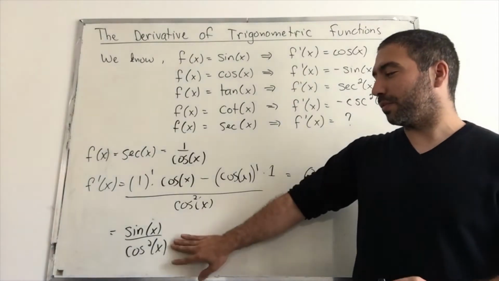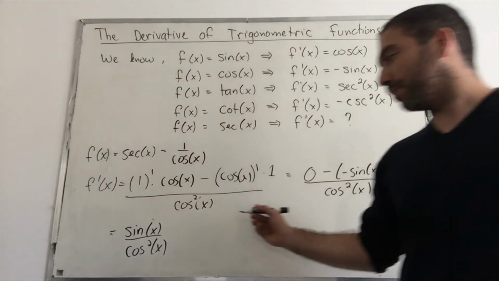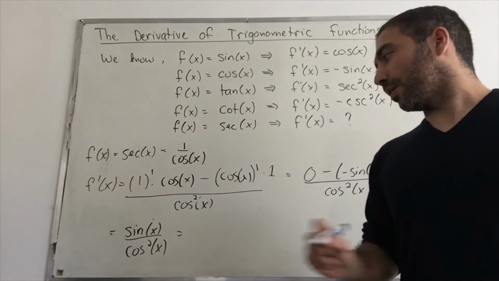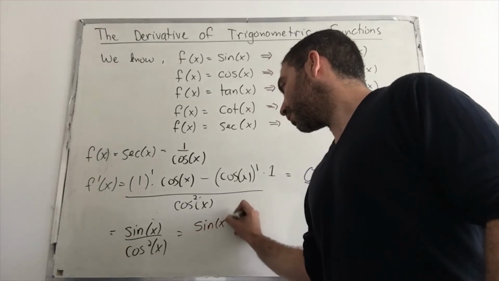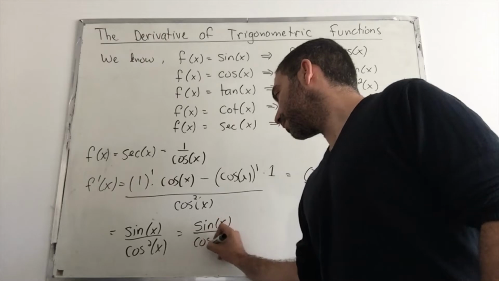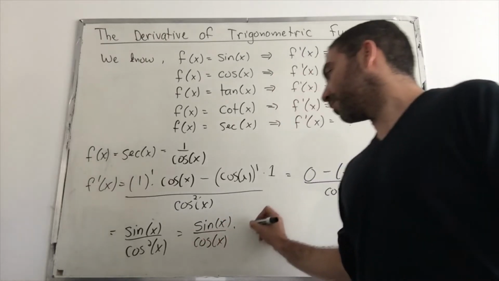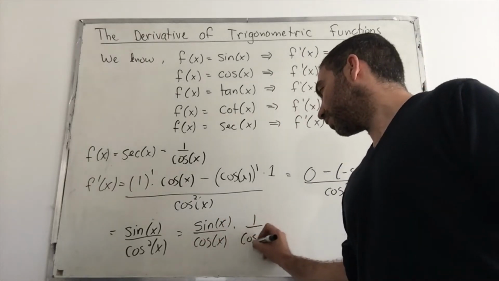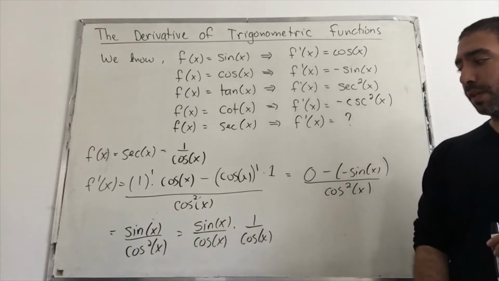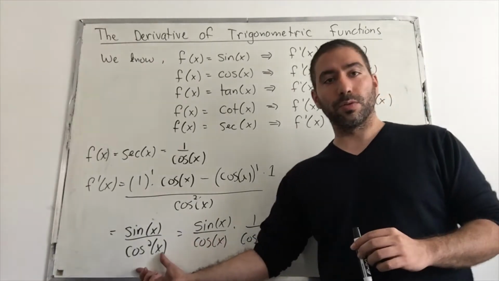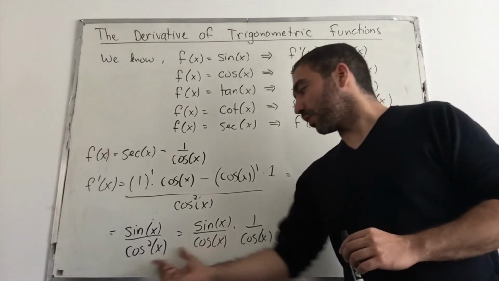Let's go ahead and get rid of the fraction. The way we could do this is rewriting this as sine of x over cos of x times 1 over cos of x. We could write it this way. So essentially what we did is we split the cos. So cos squared, we have two of them.